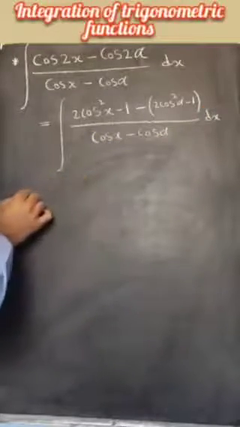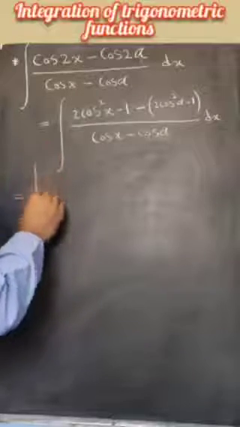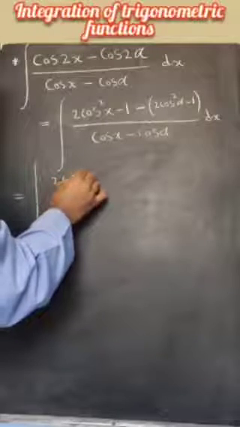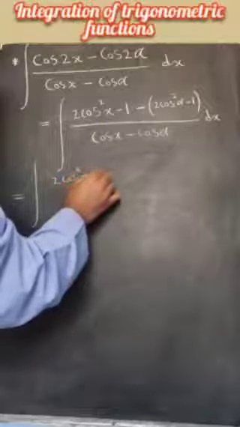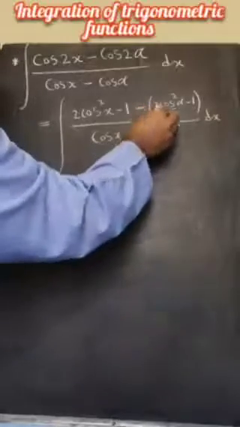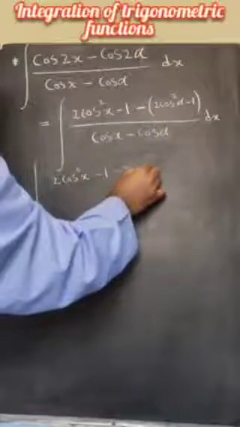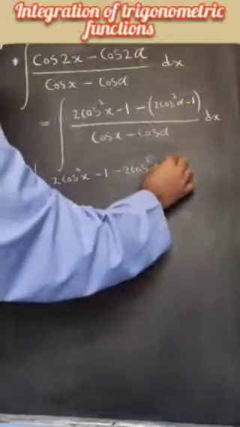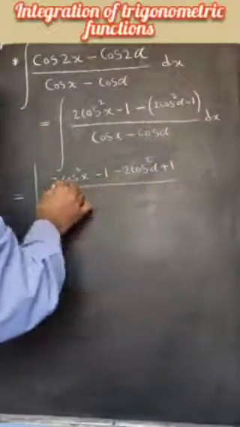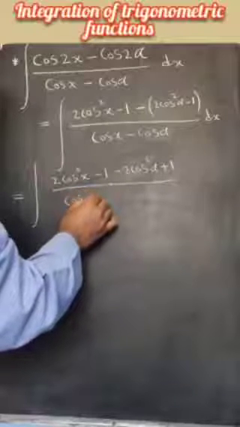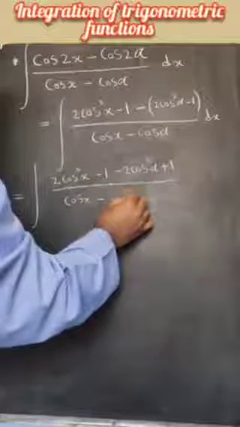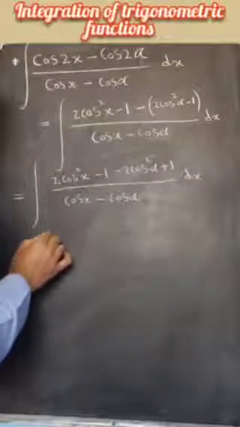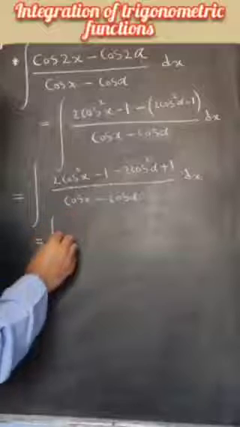dx. That is further equal to integration of twice cosine square x minus 1 minus twice cosine square alpha, minus minus is plus 1, divided by cosine of x minus cosine of alpha dx. That is further equal to integral.